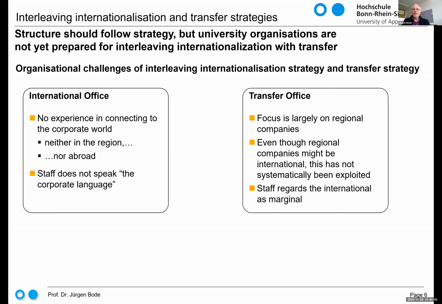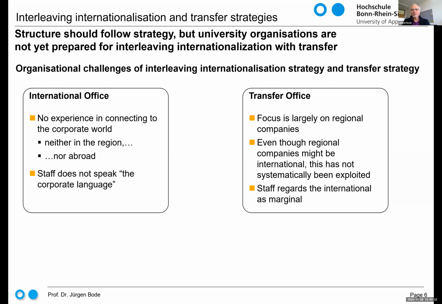On the other hand, we have a transfer office which is exactly in charge of maintaining the network to our societal environment. Their focus, however, is largely on regional companies. So they deal a lot with regional companies, and we might use this strength of our transfer office to connect to international regional companies, so international companies who are settled in our region.